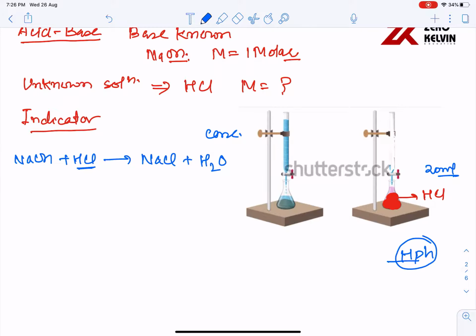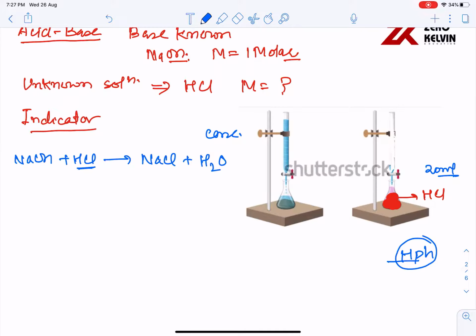Neutral condition means when the whole HCl is neutralized by NaOH, but the solution will be colorless because at pH equal to 7 there is no indicator which will give the color change. So we have to keep on adding the NaOH. After that, what is the equivalence point?